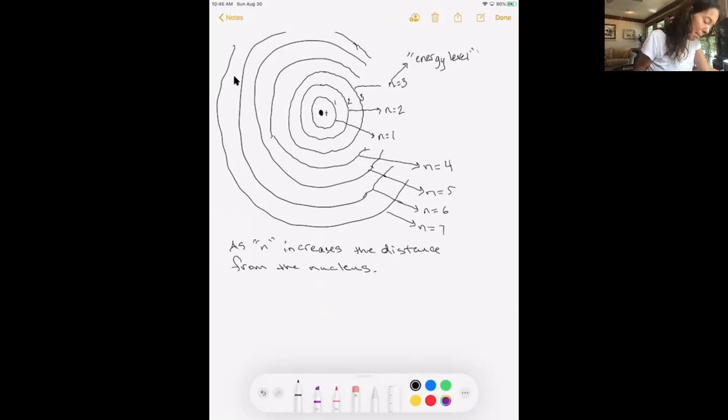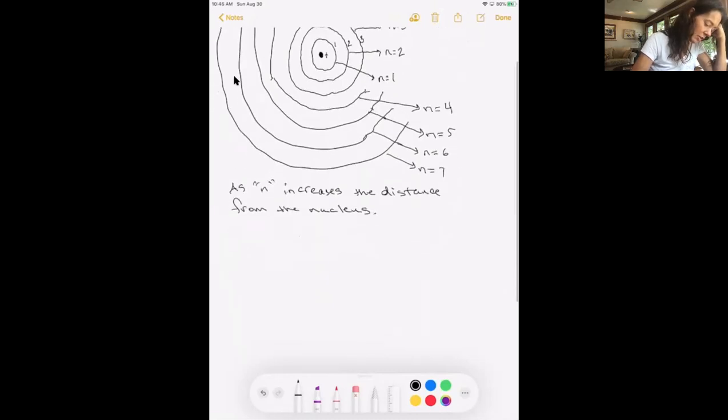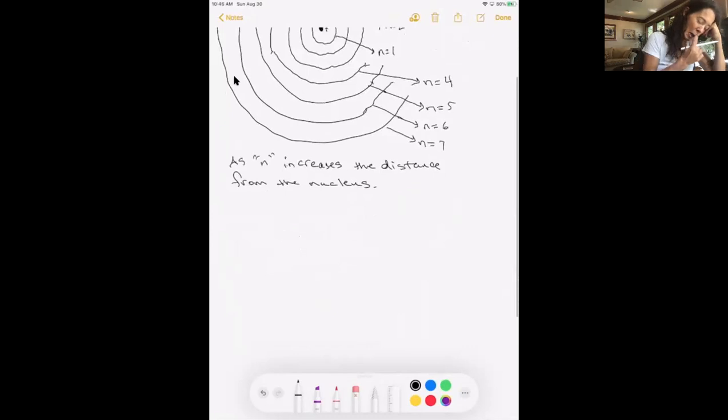The distance from the nucleus is important because we're going to talk about the attraction of electrons to the nucleus. But we're just going to focus on electron configurations, so let's stay on topic. An electron configuration configures the location of electrons.